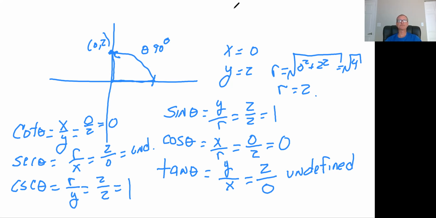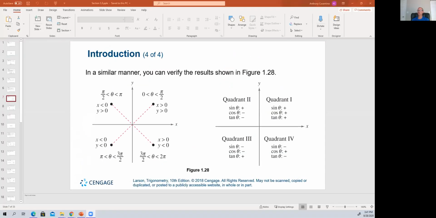Another thing that is important, and I warned you in the last lecture or two, is understanding the quadrants, what values of the angle put you in each quadrant, and the sign of x and y. r is always positive, right?